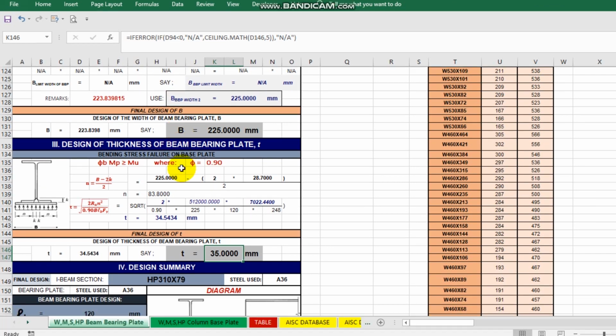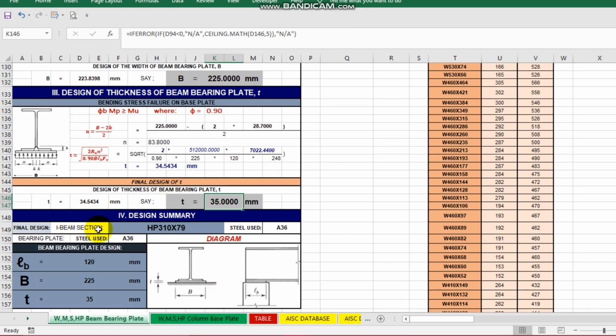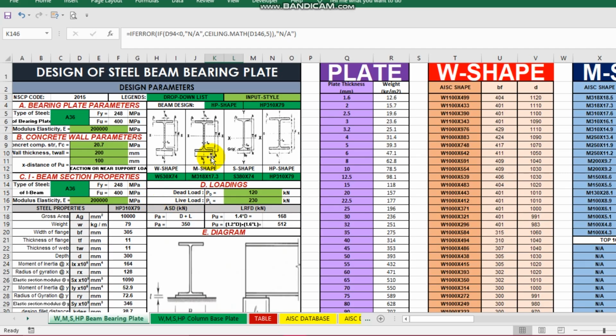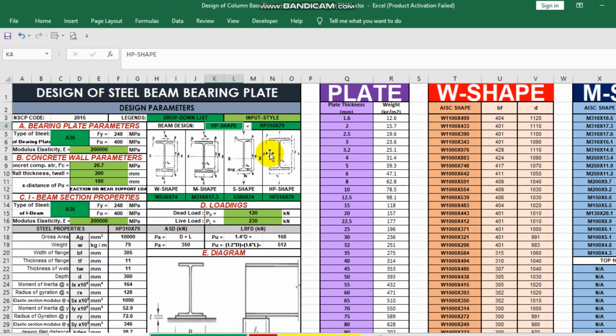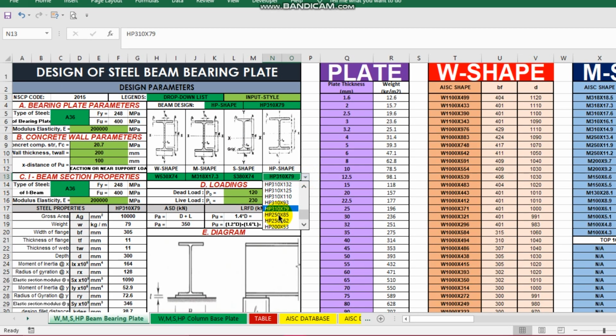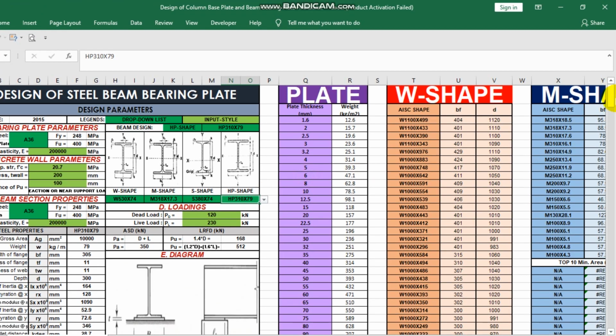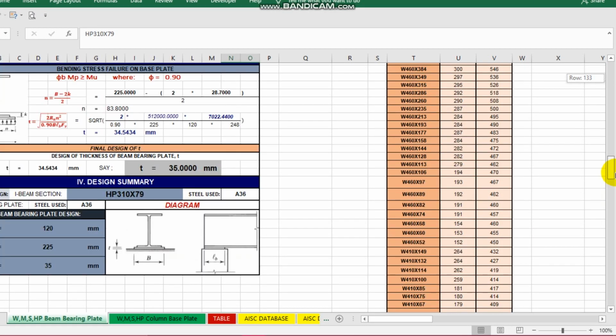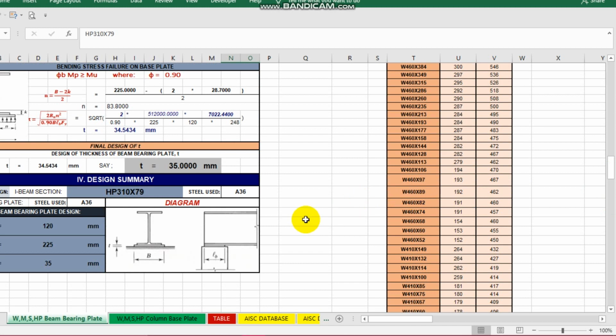So, the design summary. This is the I-beam section used, which is HP 310 by 79. Since I use an HP shape, the HP to be used is this, which is what I selected here. Next, the I-beam section is HP 310 by 79, and the steel used is A36 for the I-beam.